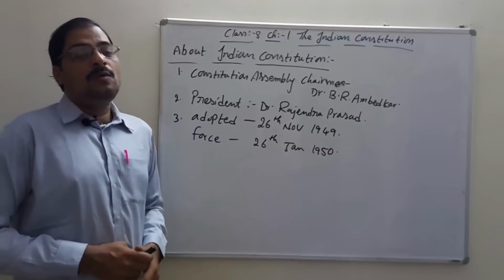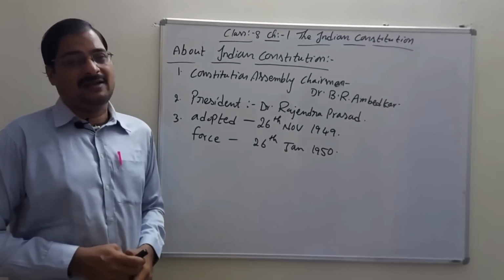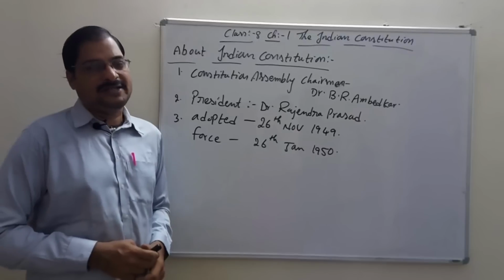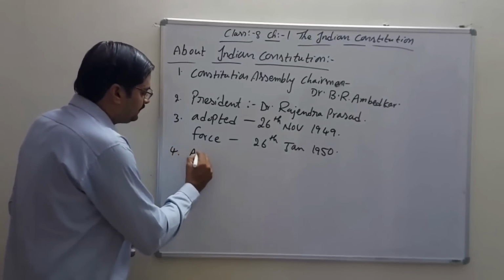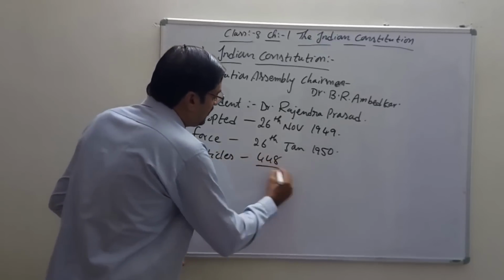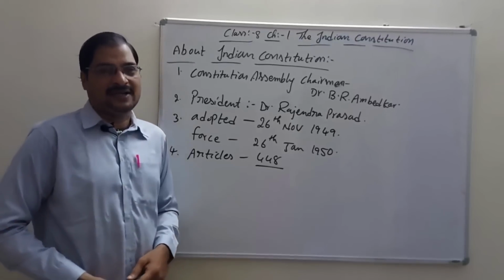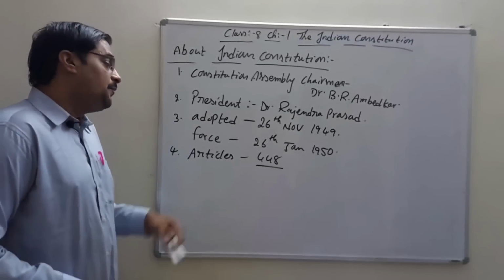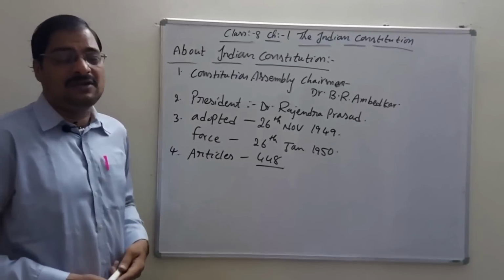Okay, now we are going to discuss how many articles there are at present, as of 2021. How many articles do we have? We have 448 articles at present, and we have implemented many changes, amendments. What is the meaning of amendments?